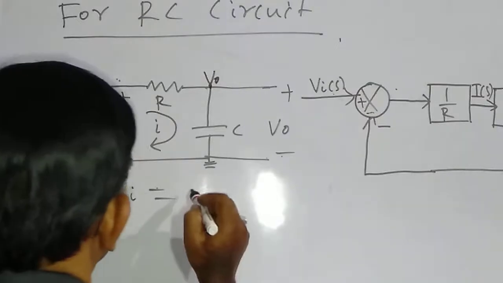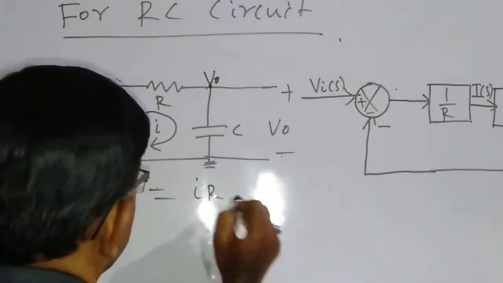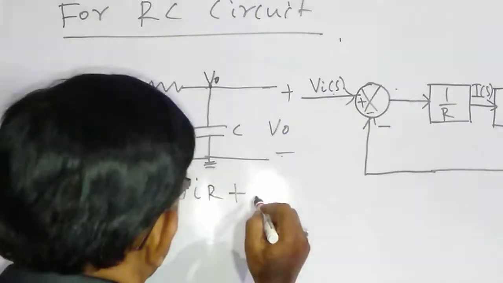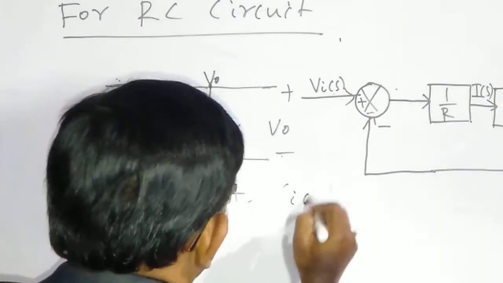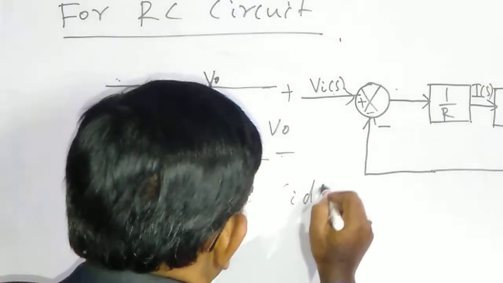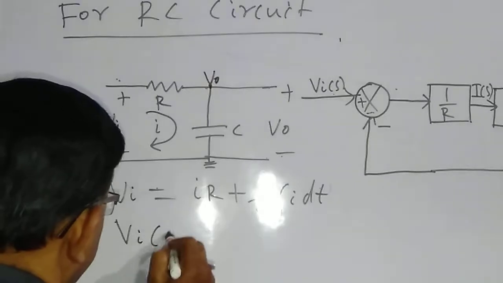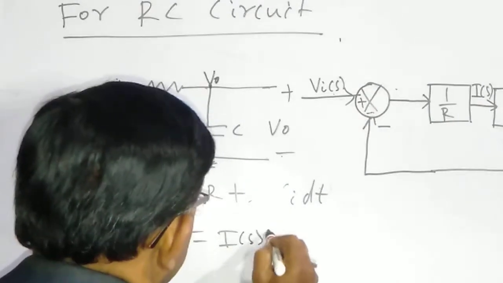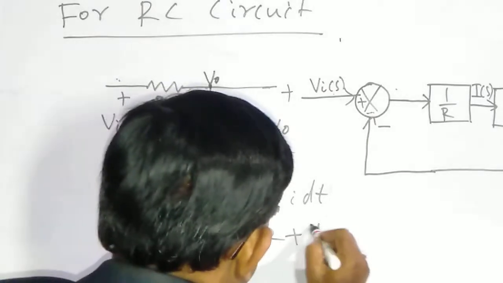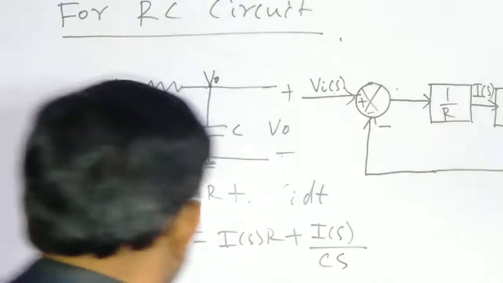Vi is equal to I into R plus integral of 1 by C I dt, or taking the Laplace transform, it is equal to I(s) into R plus I(s) by Cs.